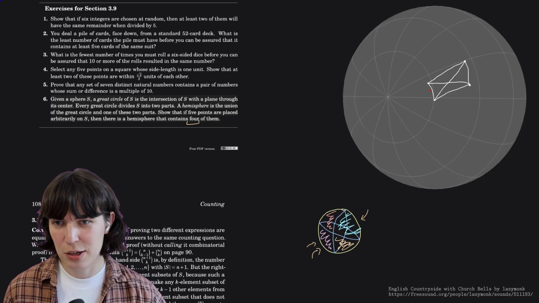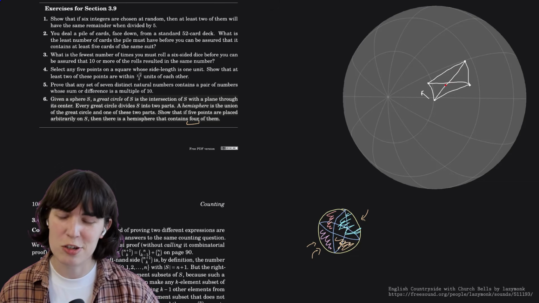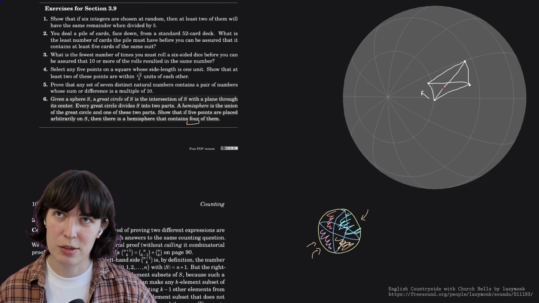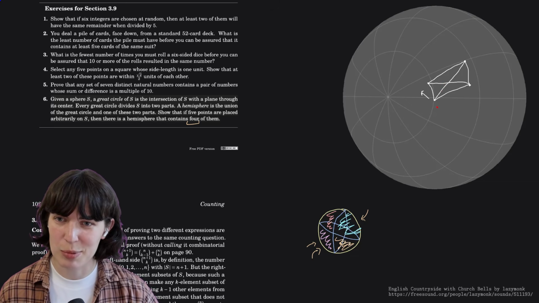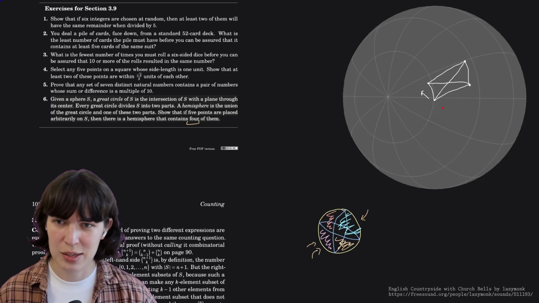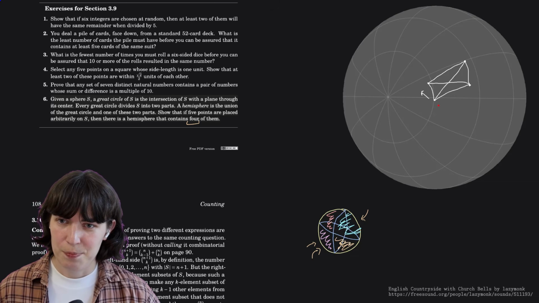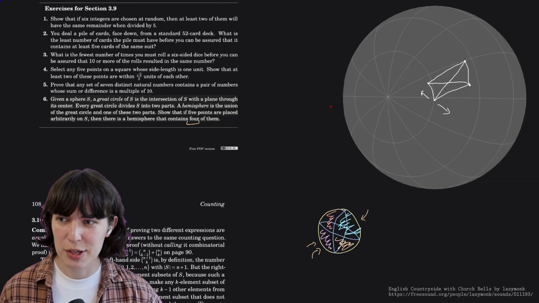If you do this, you'll be dividing it by these crossbar lines into 2 hemispheres. Is that true? Maybe. I don't know enough geometry to say that rigorously, but let's say maybe it is. This divides it into 2 hemispheres. Each hemisphere will have the 2 points that the line is on, which are included, plus 1 extra point.